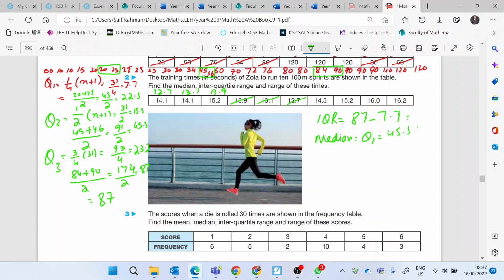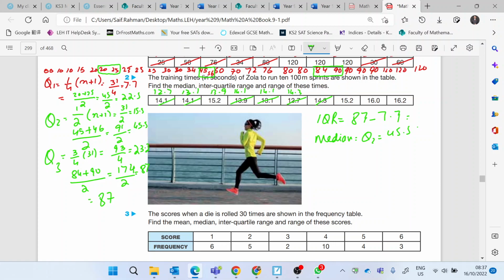So after 13.9, the next one is 14.1. 14.1, 14.1, we have got two numbers, and then 14.3 is the next number.